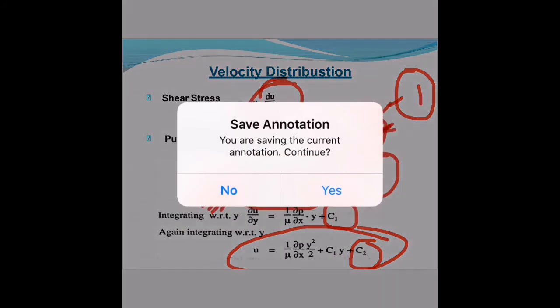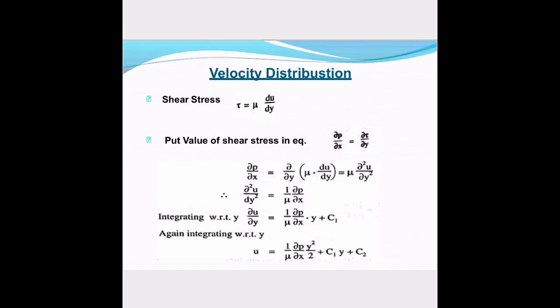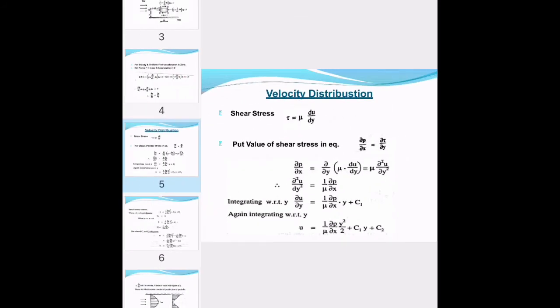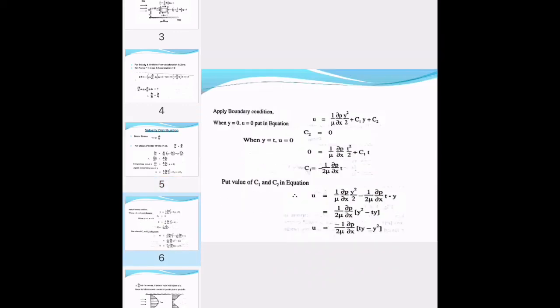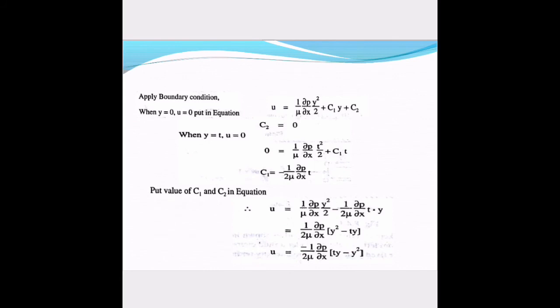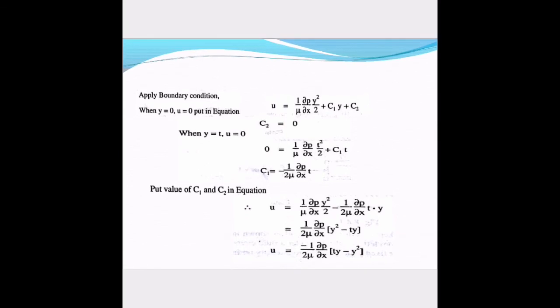Yes, let me share my next slide. So we are going to apply the boundary conditions. In the first condition, you have to consider y equal to 0 and u equal to 0. Put the value of y equal to 0 and u equal to 0 in this equation, and ultimately, what will be the value of C2?